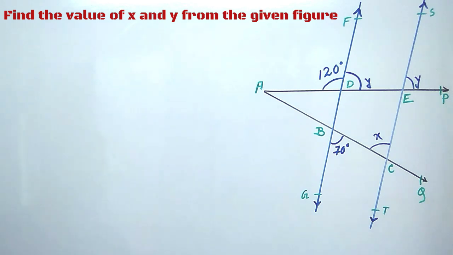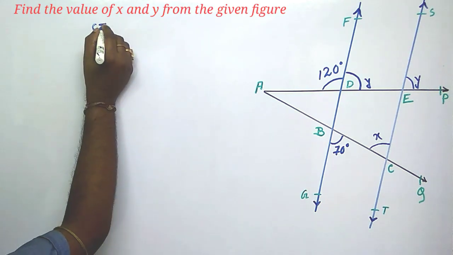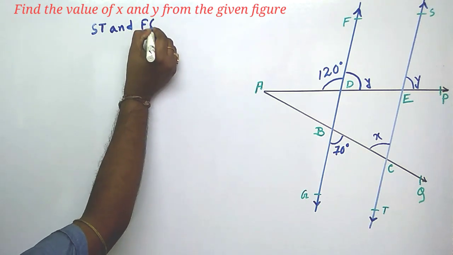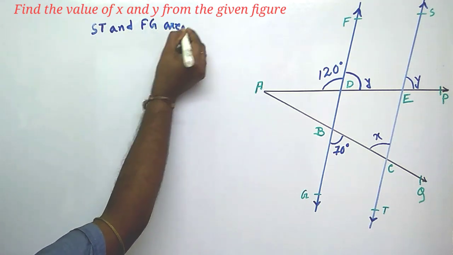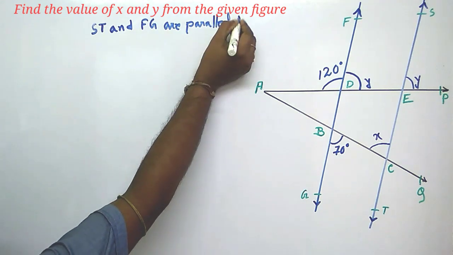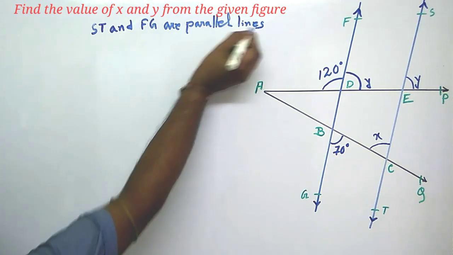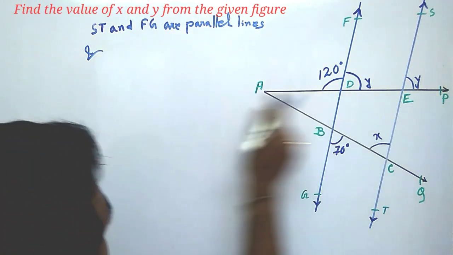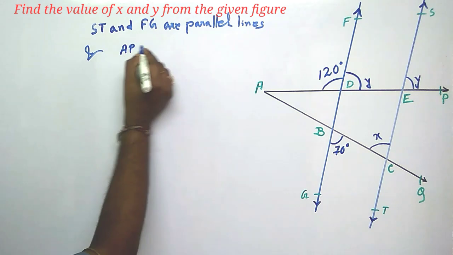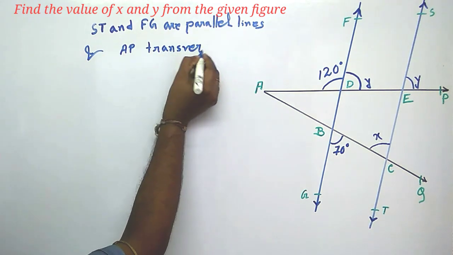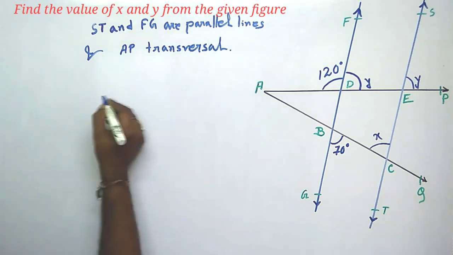First I will write: ST and FG are parallel lines. And who is transversal? AP transversal. So write here AP transversal.